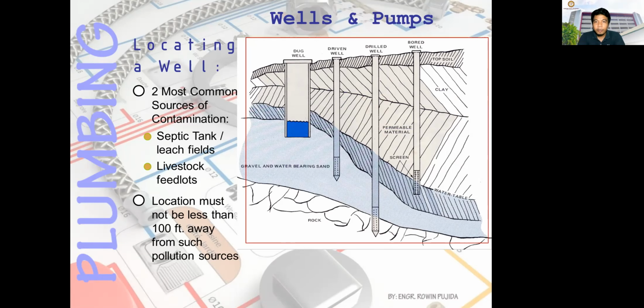No wells or any type of pumps must be located within 25 meters radius from the septic tank or any pollution sources. We have septic tank, leach fields, livestock, and livestock feedlots. Okay.